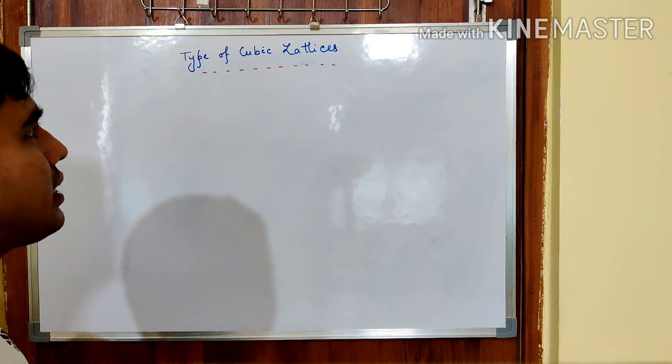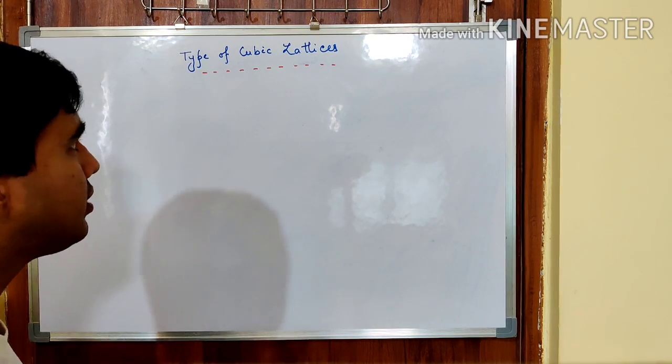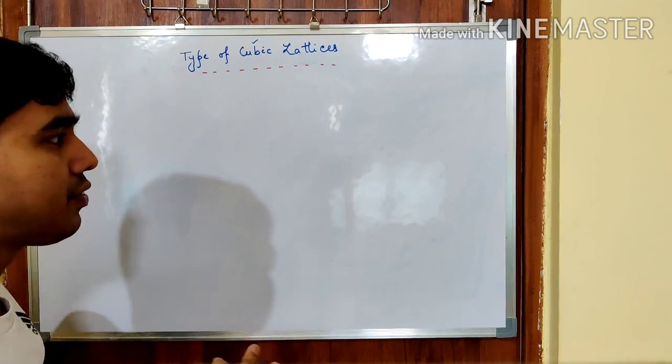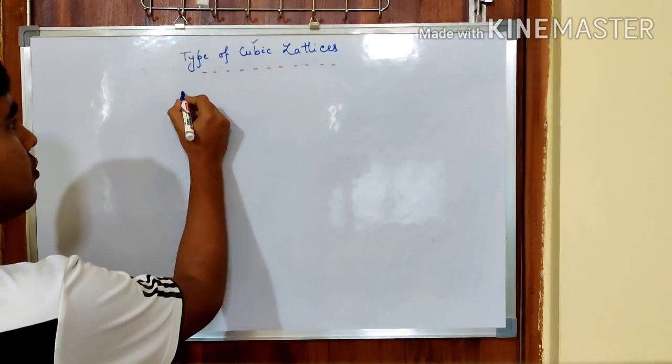Now we are going to see the types of cubic lattices. Under this cubic system, there are 3 types of cubic lattices.